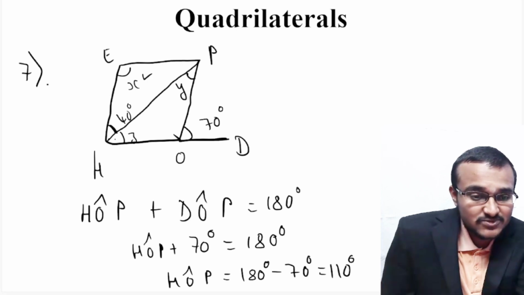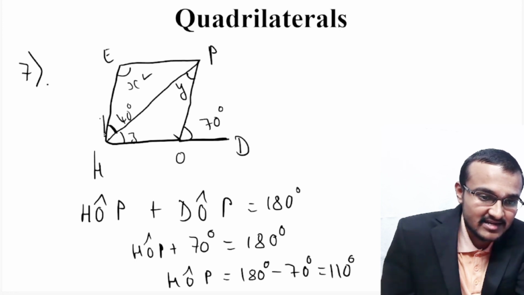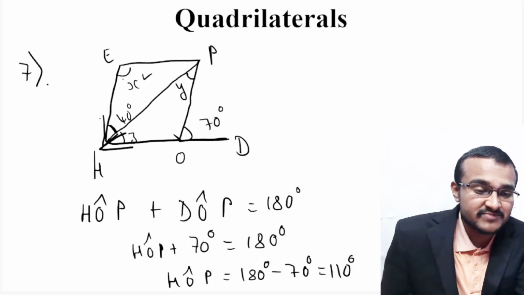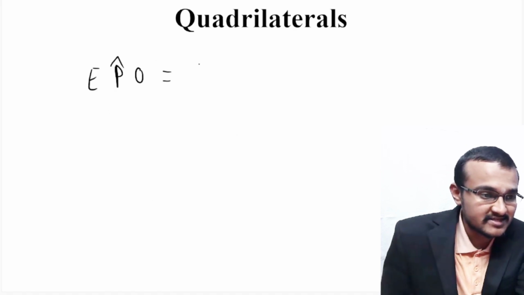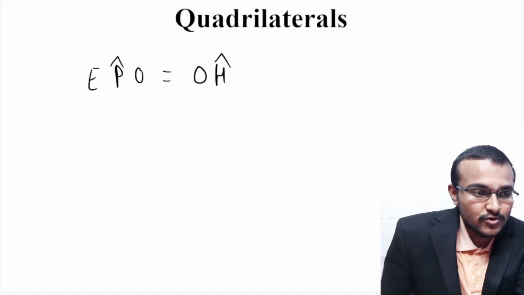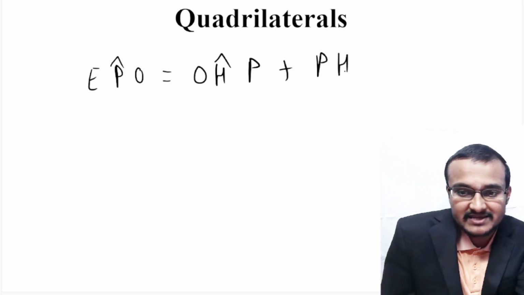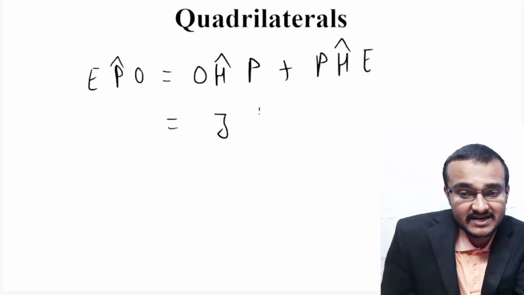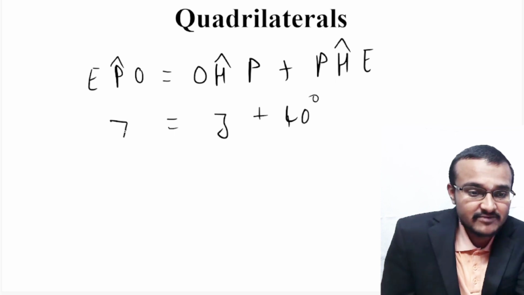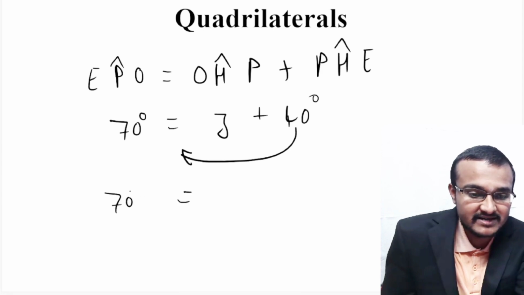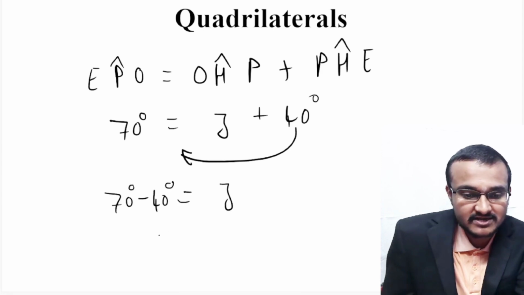OHE can be written as OHP plus PHE. So OHE is equal to OHP plus PHE, where OHP is Z and PHE is 40 degrees. EPO is 70 degrees. Bring the 40 degrees to the LHS, so 70 degrees minus 40 degrees is equal to Z. Therefore Z is equal to 30 degrees.